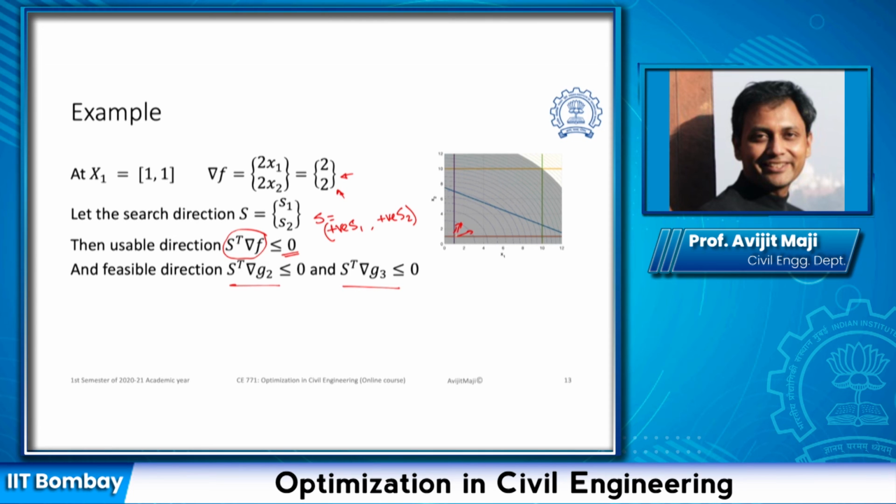So from here, if I look into my G2, G2 was -1 and 0, and G3 was 0 and -1.